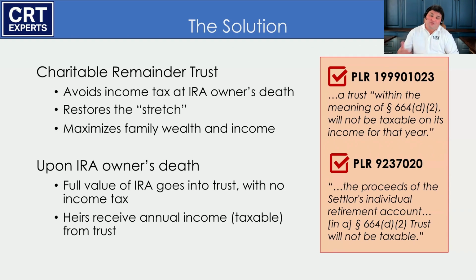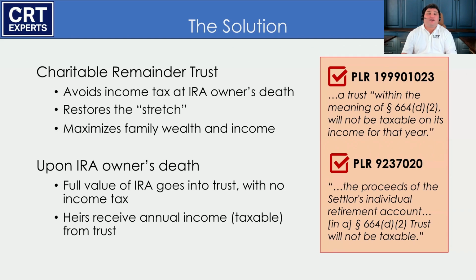However, once we go through that tier, as long as that CRT is invested for capital appreciation, which it probably would be, we can eventually distribute capital gain income from the CRT. The distributions are taxed at the capital gain rate. So it takes a while. It's typically 15 to 20 years until we can get through that ordinary income tier.